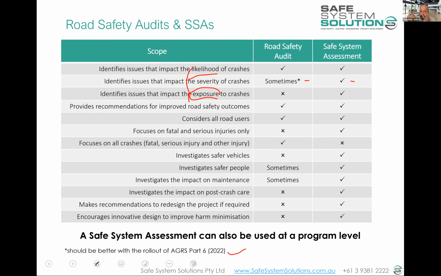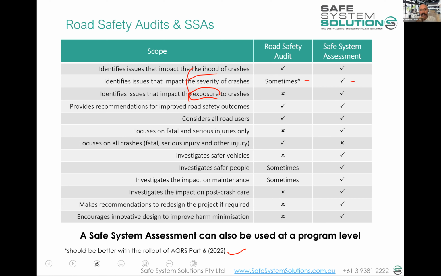They're both providing recommendations to improve road safety. I would say that more often than not, the audit ones are tweaks, and the assessment ones can often be meatier, bigger changes, but they do both improve road safety, and they consider all road users, which is great. The safe system assessment has that focus just on the fatal and serious injury crashes, and the road safety audit will delve into the more lower injury or property damage risk as well.